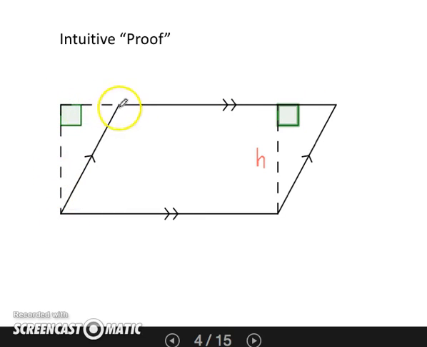And I've created a triangle here, and I'm going to call that triangle area region 1. And it would be pretty easy to prove that this triangle is congruent to this triangle, which I'm going to call region 3. And then this funny shaped area in the middle, let's call that region 2.